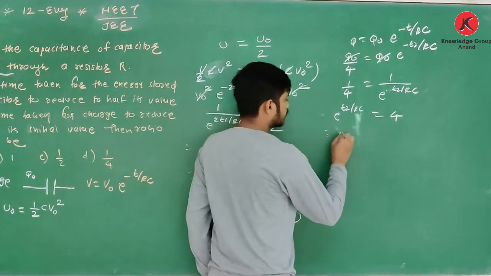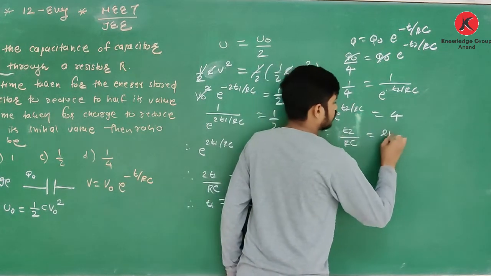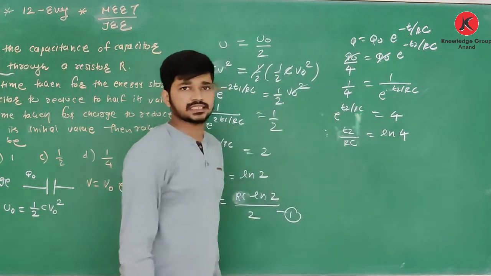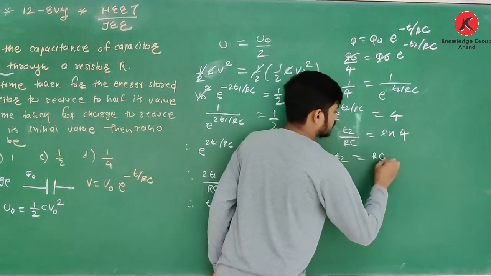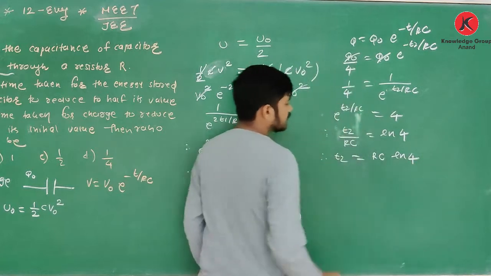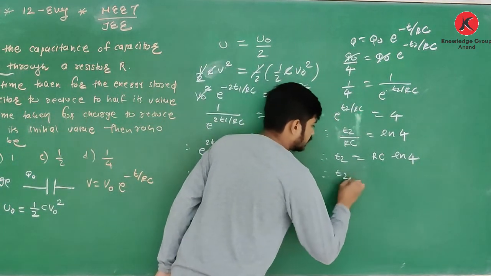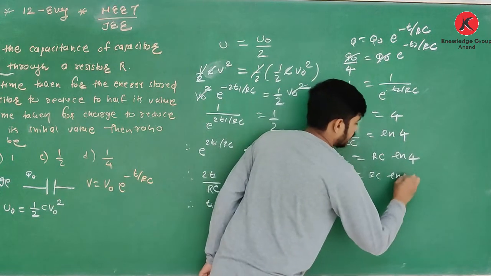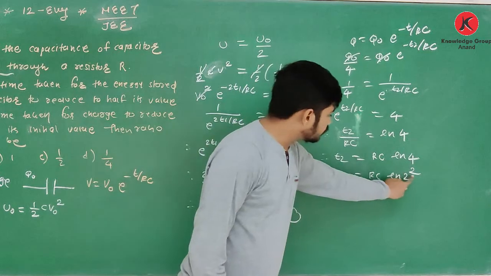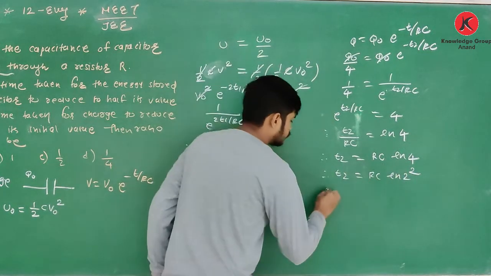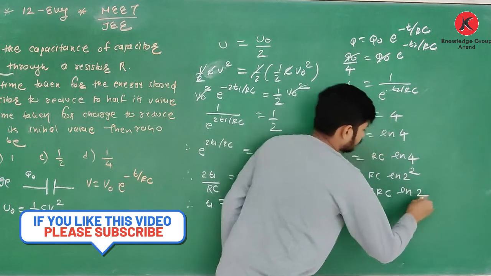Therefore T2 upon RC is equal to ln4, and T2 is equal to RC ln4. But I can write ln4 as ln of 2 square, and by the logarithm rule the power can be written as a coefficient. So T2 is equal to 2RC ln2.